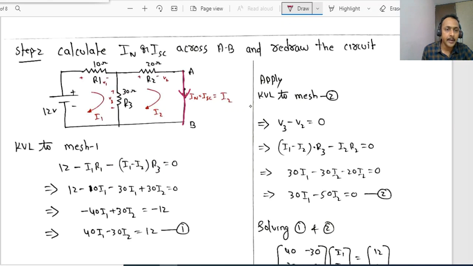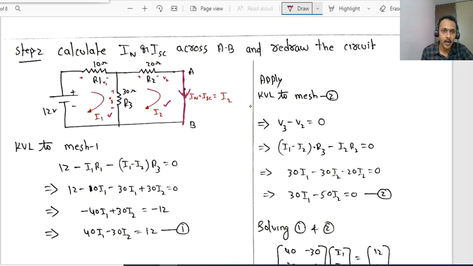Mesh 1 current I1 we have taken, mesh 2 current is taken as I2. Let me apply KVL now, and of course you can assign some variables in small letters. Drop across R1 is V1, drop across R2 is V2, drop across R3 is V3.